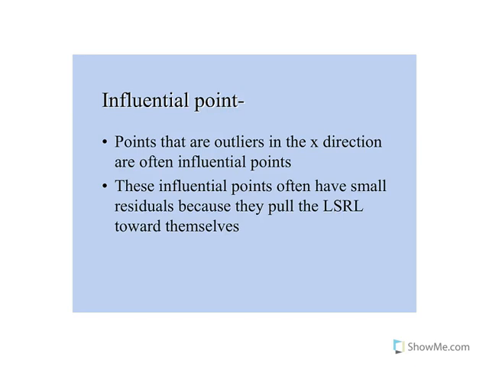Typically, points that are outliers in the x direction are often influential points. These points sometimes have small residuals because they pull the least squares regression line towards themselves. The best way to check for an influential point, if we think we have one, is to remove it from the regression line and look at whether the new equation is significantly changed in terms of slope. We will talk specifically about outliers and influential points next class.